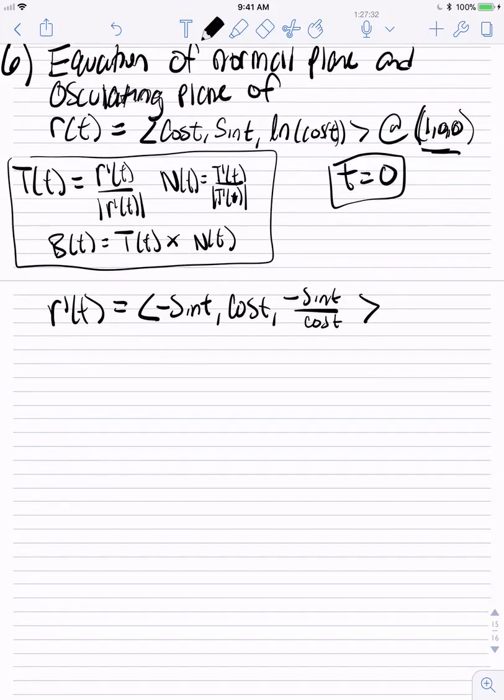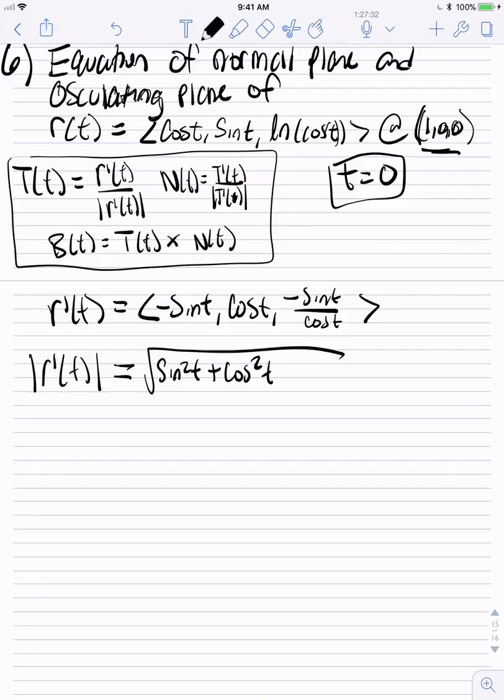So now we're going to get the magnitude. To get the magnitude, we'll take the square root and square each component and add them together. So negative sine t squared would just be sine squared t. Cosine t squared would be just cosine squared t. And negative sine t over cosine t, that's the same thing as saying negative tan, but it's going to be squared.